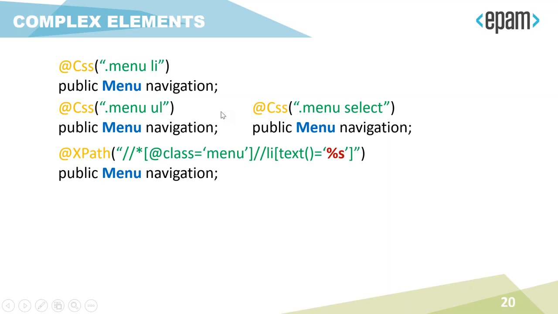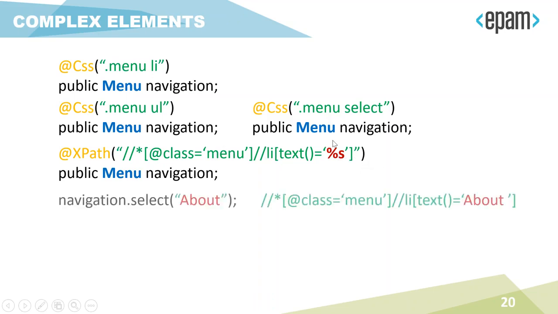Or we can use templates for our locators and put the value of this locator later when we use this element. For example, we can write navigation select about, and this value about will be placed in the locator, so this is our locator.